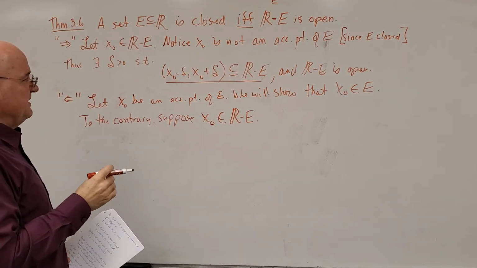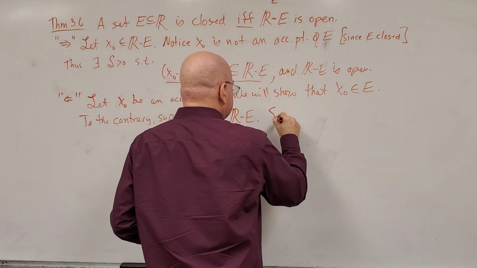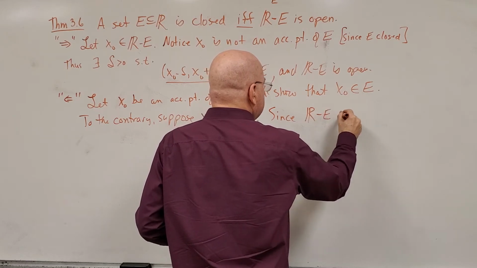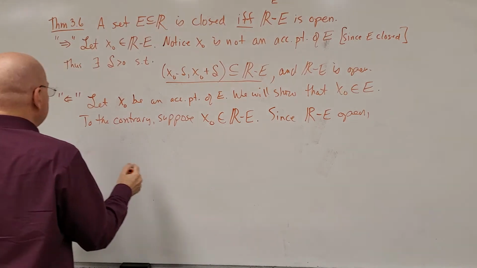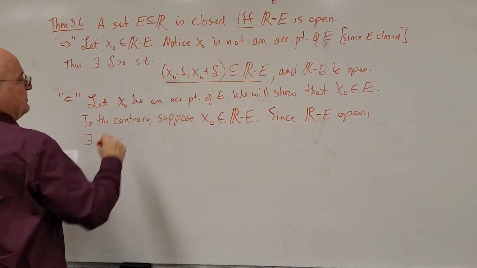Well, that means x is in an open set. So, since R minus E is open, there exists a delta. I could use epsilon if I wanted to, but I'm going to reuse delta.